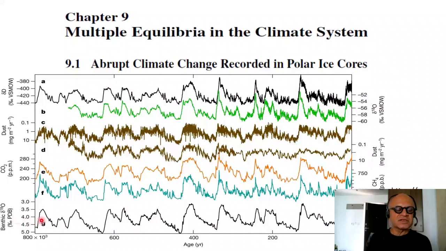So these, without going into details, give you temperatures, CO2, methane, and we have talked about the relations between them.